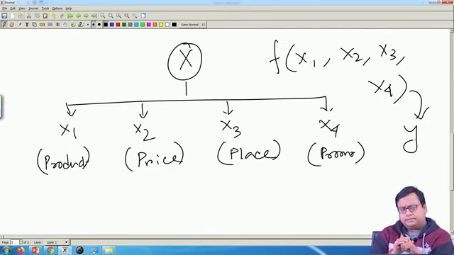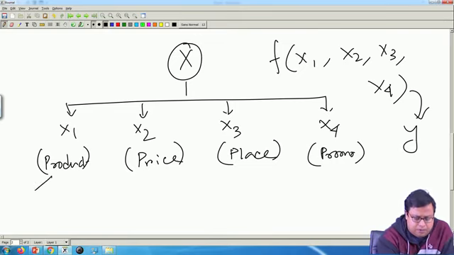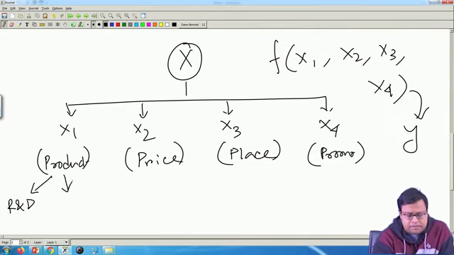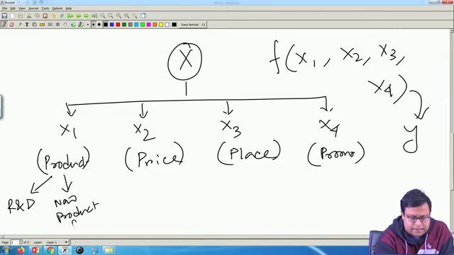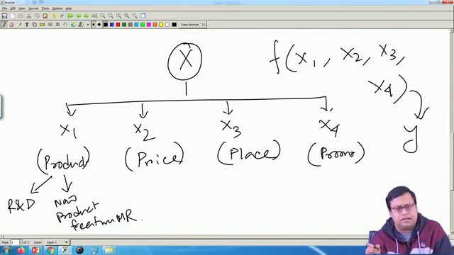And you have to also decide that when I talk about product, how will I put money on product? I can put money on R&D, I can put money on some new product feature development, new product feature understanding, new product feature market research.